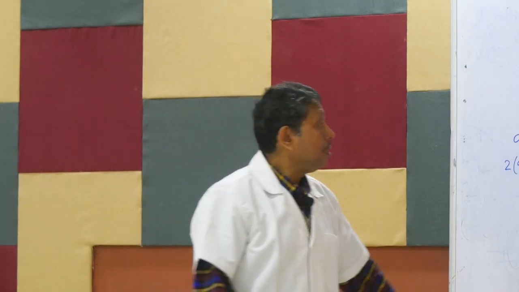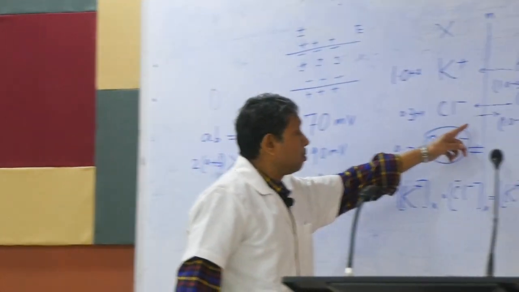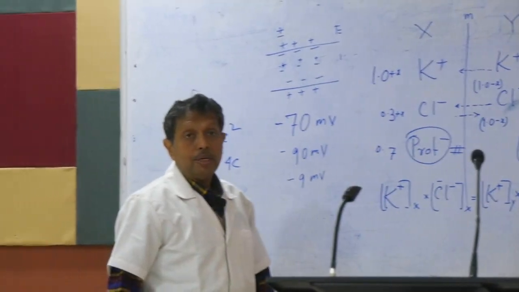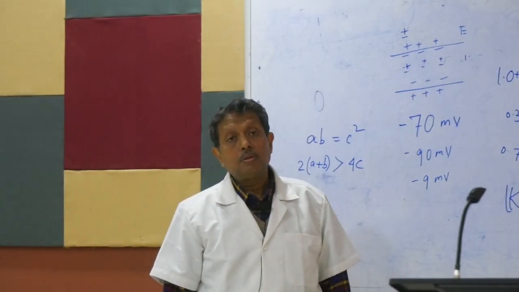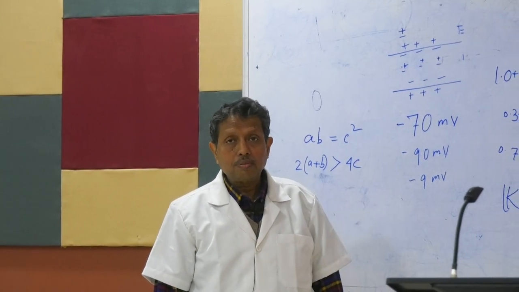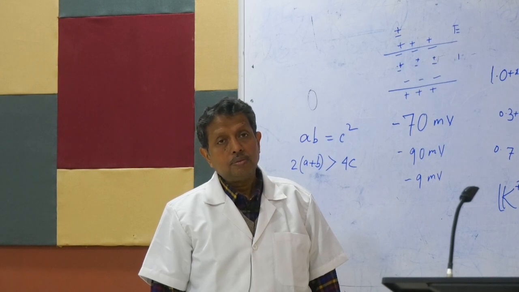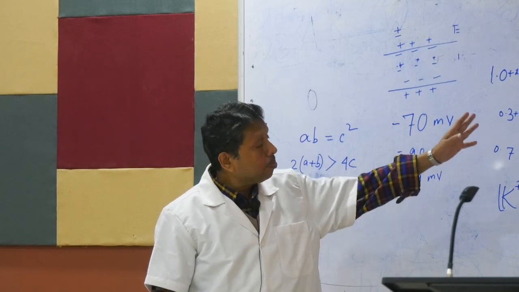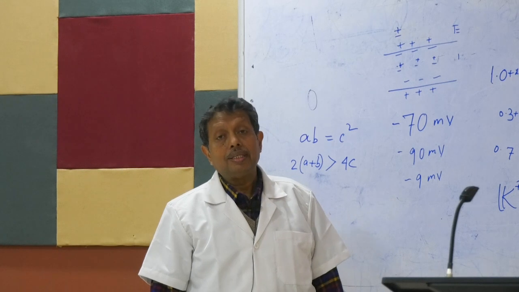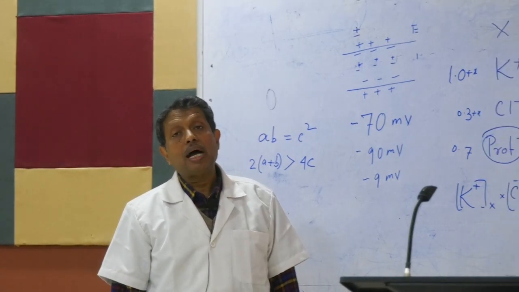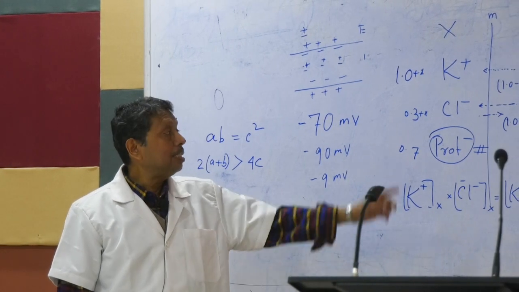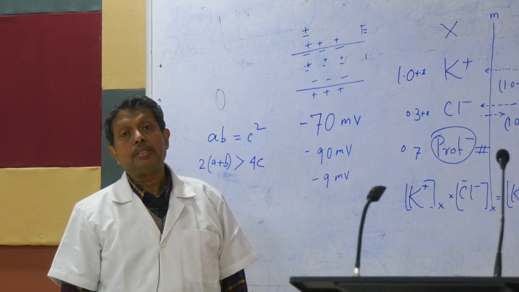And in this condition, whenever there is equilibrium, then the distributions of ions are also disturbed to some extent. And if this composition is maintained, then at equilibrium, what should be the membrane potential of a particular ion can be calculated if you consider the individual ions.